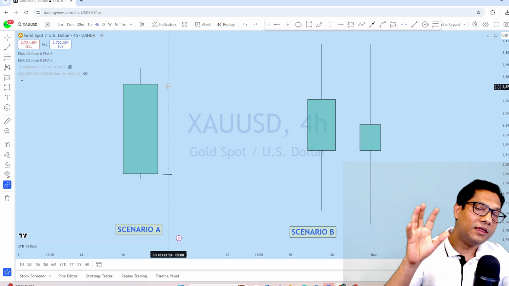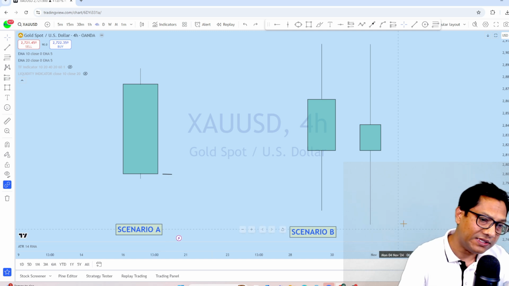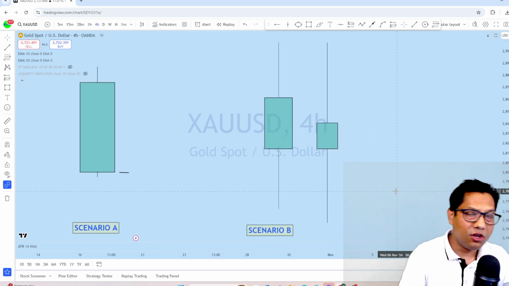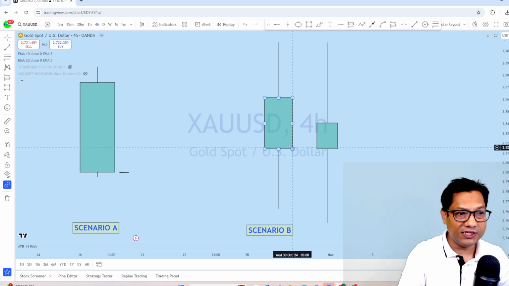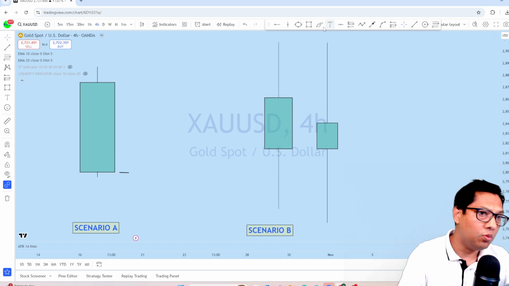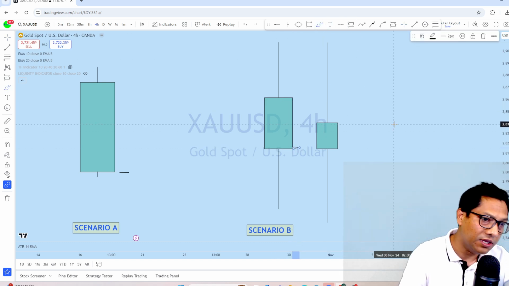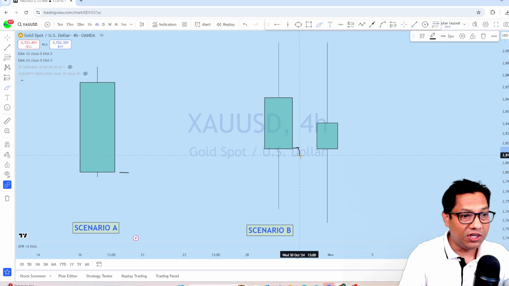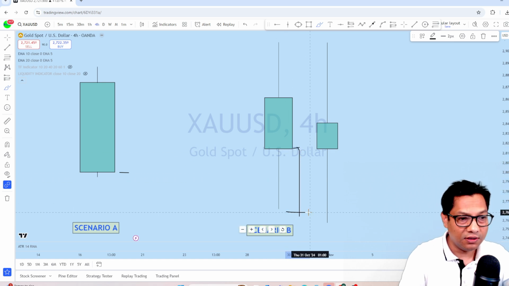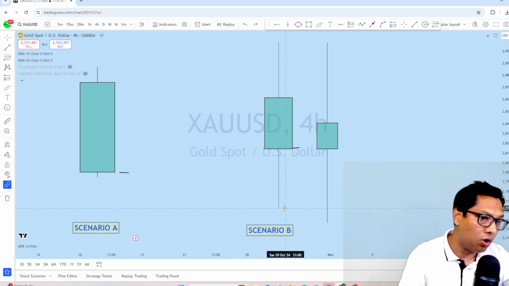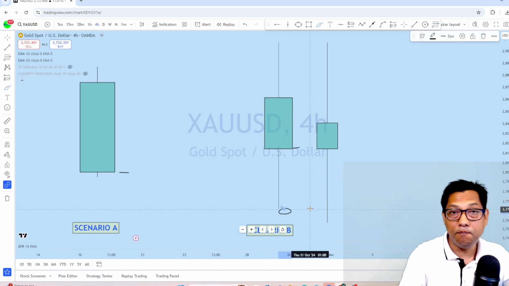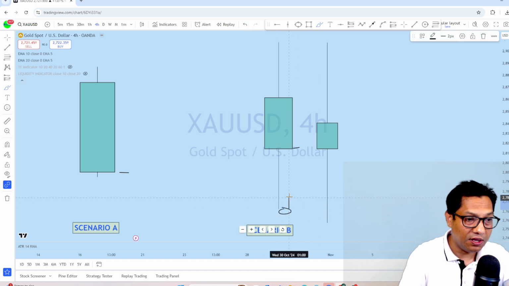Now look at scenario B, what we can see here. In scenario B, this is a candle in a similar way. When the market opened during that time period, there was very strong control from the sellers. That means the sellers dropped the price to that low, and then the buyers came into the market.